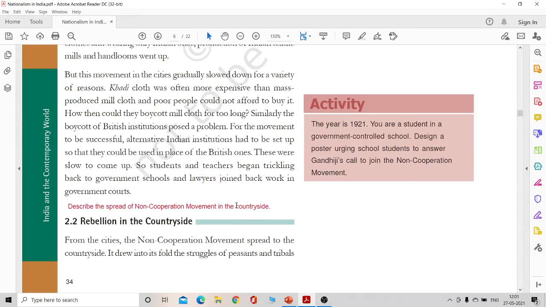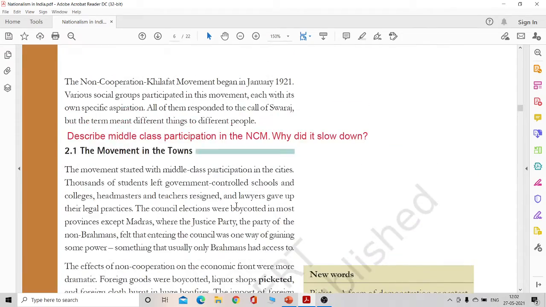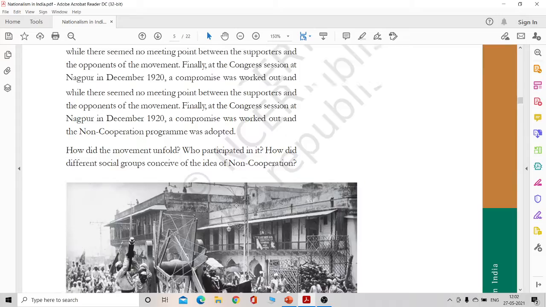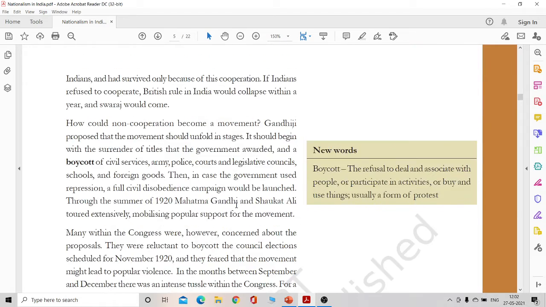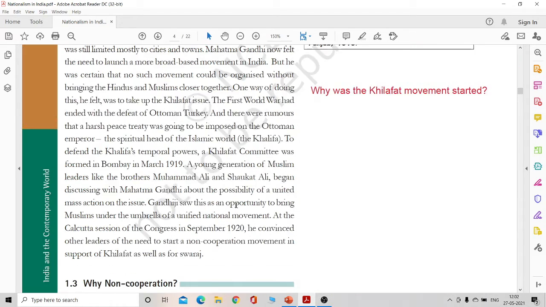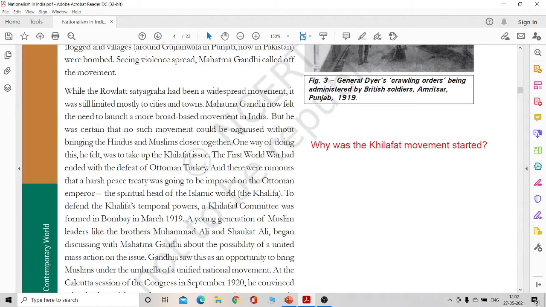Let's now enter the main non-cooperation movement, right? So let's have a look at that. So more or less, up until now we have discussed this part. Now entering 1919, 1920, a very important question is, why was the Khilafat movement started? Right? So the Khilafat issue was basically, here you have to give a background, and students sometimes get confused about this, right?